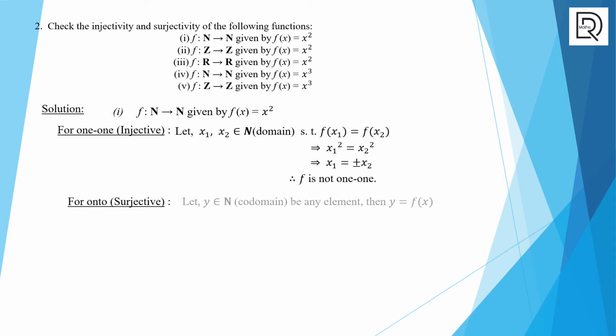Again for onto, let y belongs to N codomain be any element. Then we can write y equal f of x. So this implies y equal x square. Now we express this equation in terms of x.